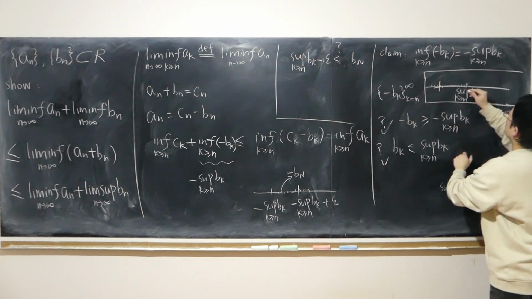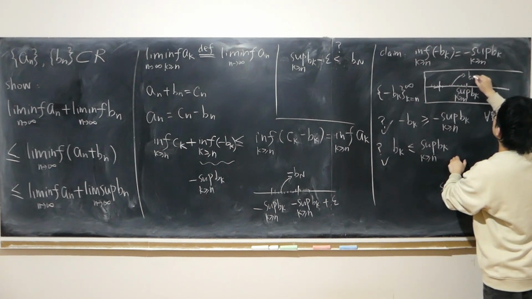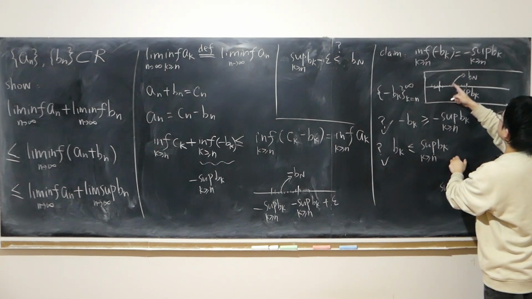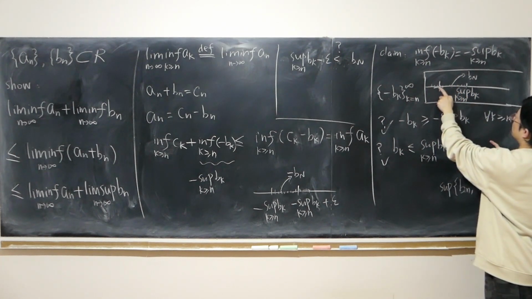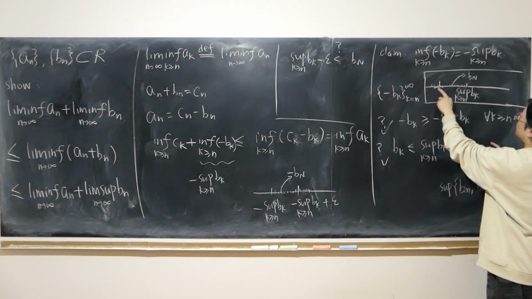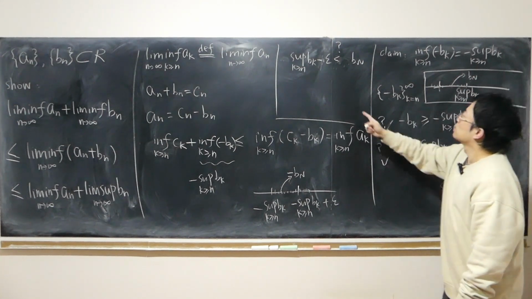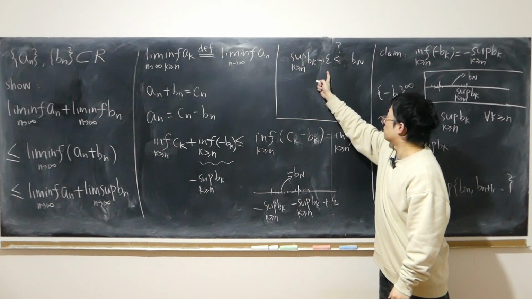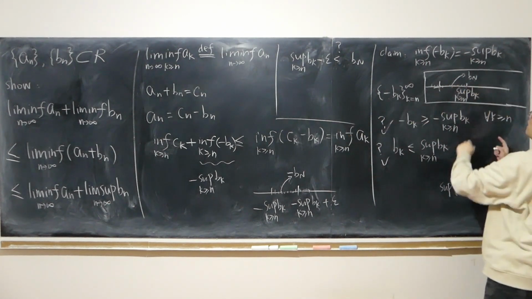In other words, there must be some element here, Bn, that's bigger than this point. This point is what? Supremum minus epsilon, right? Supremum minus epsilon smaller than this Bn.